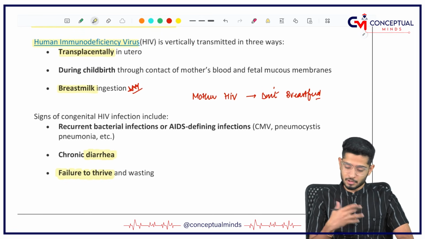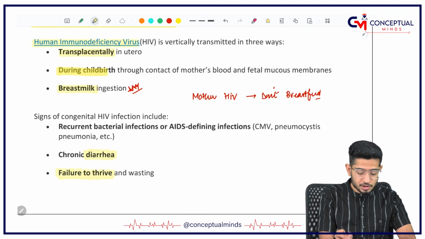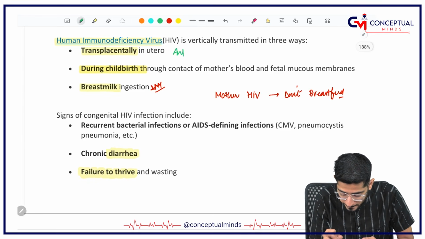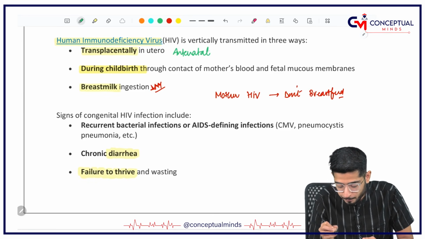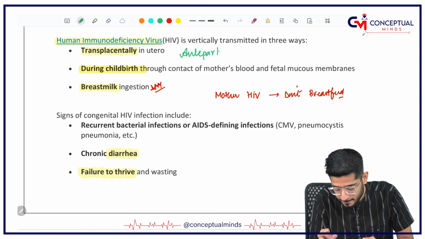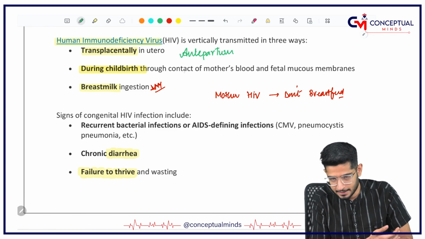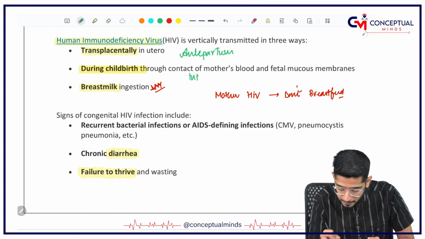HIV: transplacentally, during childbirth, and breast. So see, there are 3 things. 1 is antenatal. Rather than antenatal, I should write antepartum. That means before delivery, it can transmit via placenta. Intrapartum.